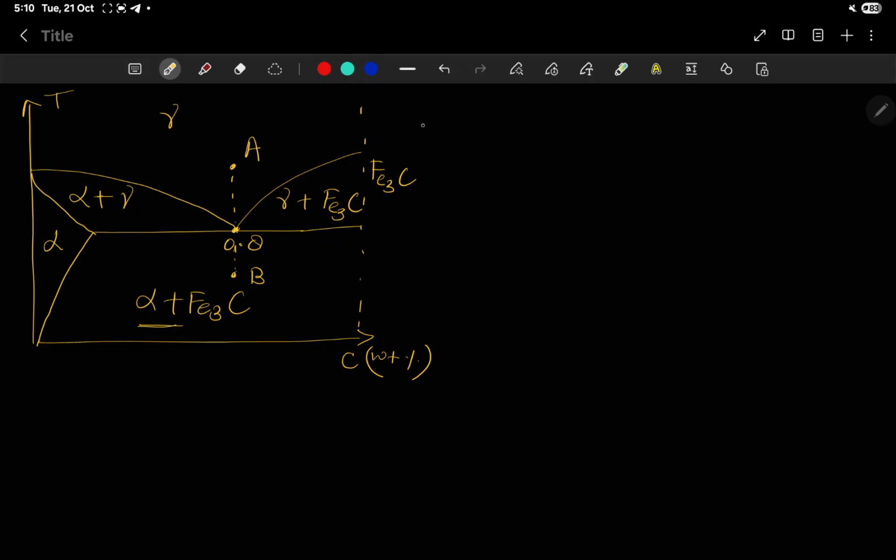Now let's draw the microstructure for point A. Point A is present in the austenite region. Gamma means austenite, right? So let's try to draw the microstructure here.